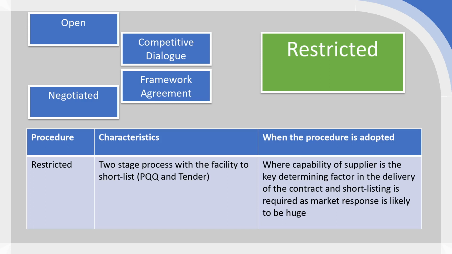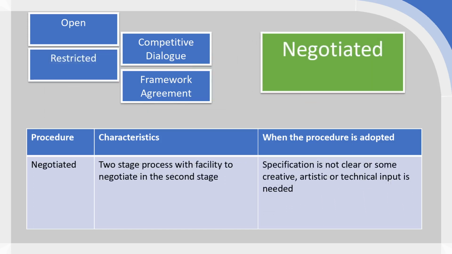However, there's still nothing uncertain about the specification or unclear about the item or service that we're procuring. If there is, we can move on to our third supplier selection type, which is a negotiated type.